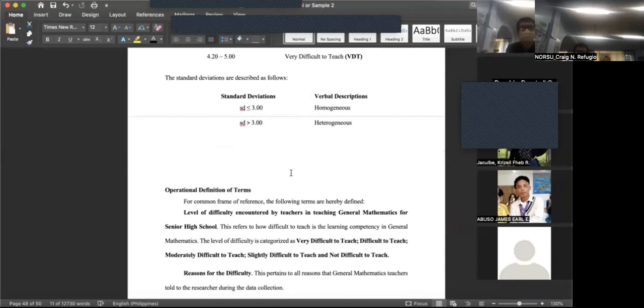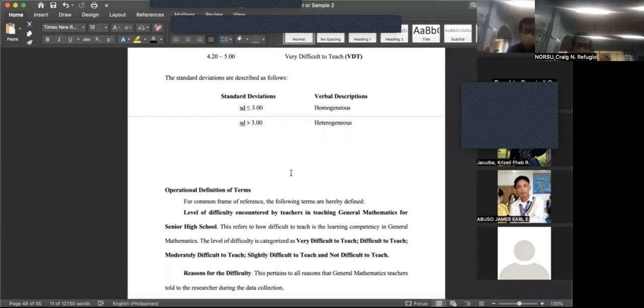So for example, we look at the level of difficulty encountered by teachers in teaching general math for senior high school. Commonly, when I see definition of terms, they define the terms individually. They define level, they define difficulty, they define teaching.